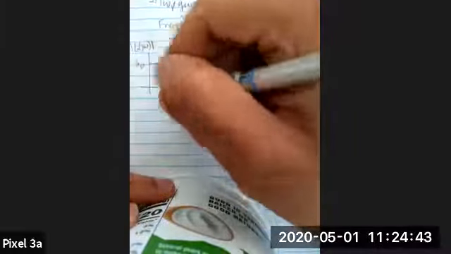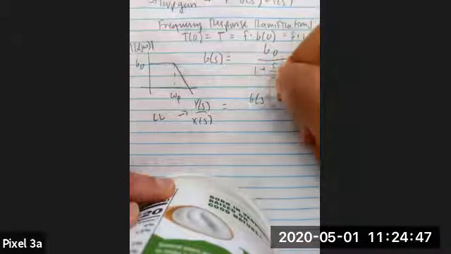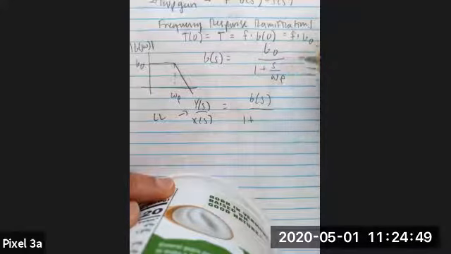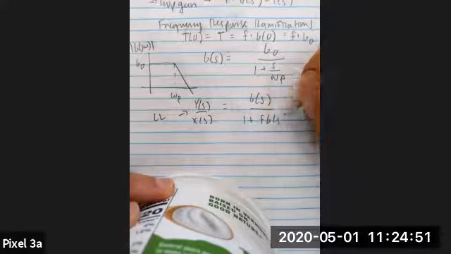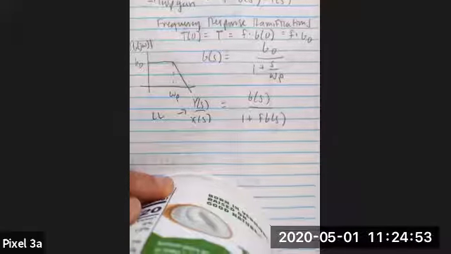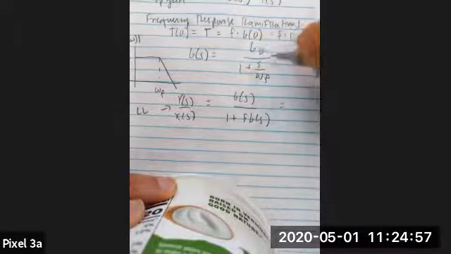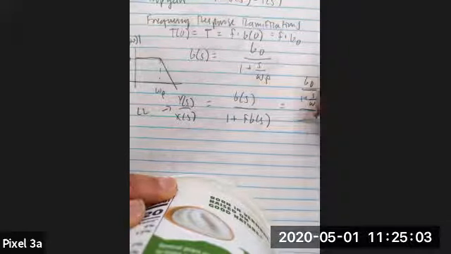Y of s over x of s, now in closed loop, was, as we found, g of s over 1 plus f times g of s. And so if we arrange this using this definition, we have g naught over 1 plus s over omega p, over 1 plus f times g naught over 1 plus s over omega p.